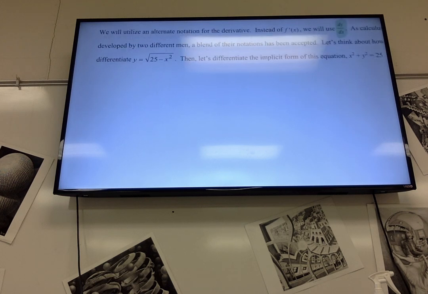Okay, so here's what we're going to do. We're going to start with the one on the left, y equals the square root of 25 minus x squared, and we're going to take the derivative like we normally would. Normally we would write this as 25 minus x squared to the 1/2.